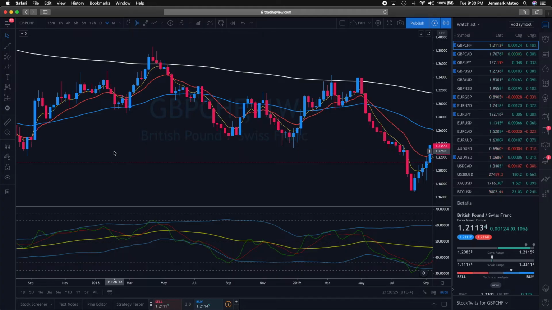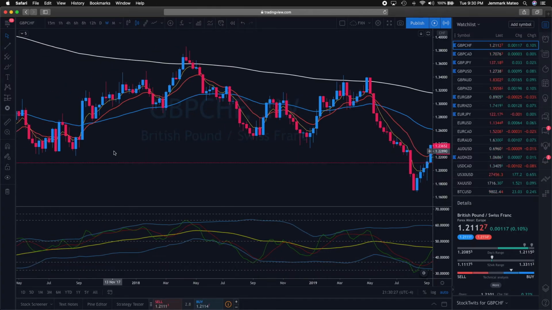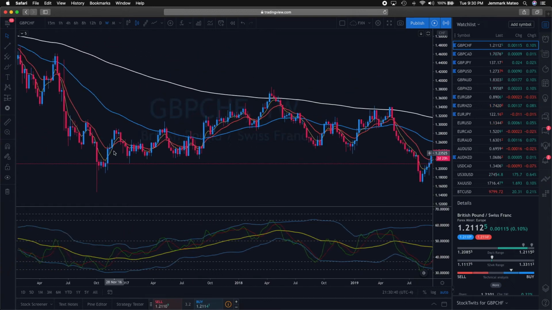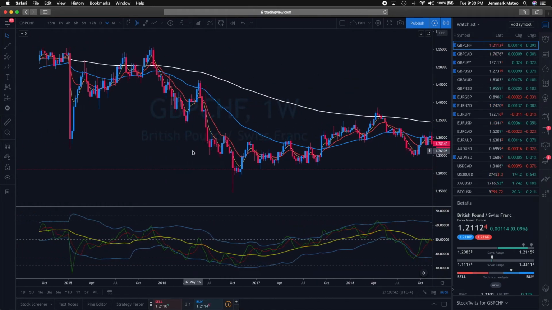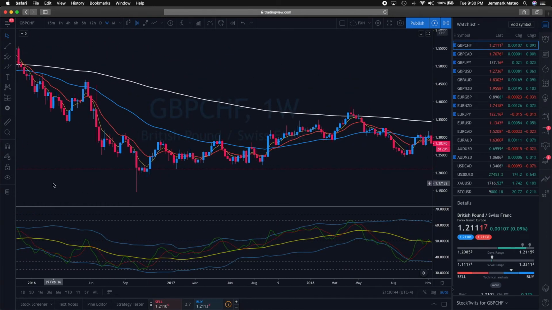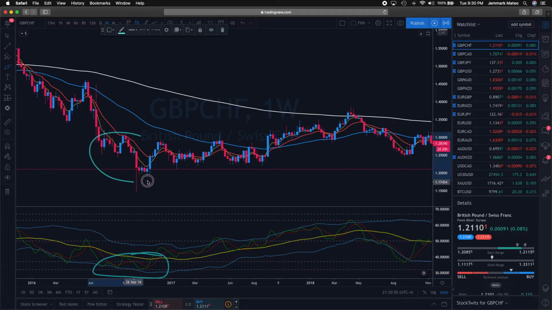So that's why they only happen once or twice a year. It's because the moves are so big. Think about this right here. Look, this whole area here, before this move here.